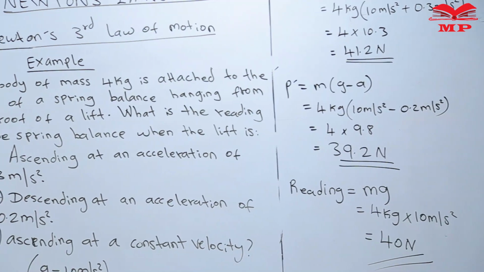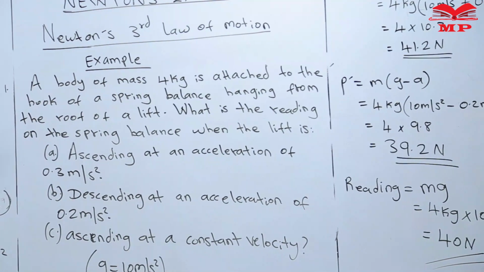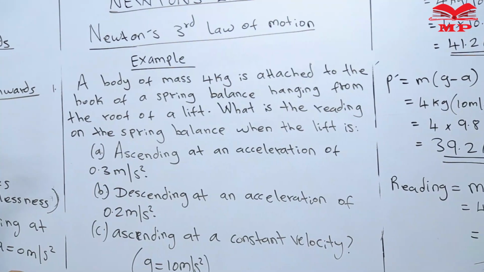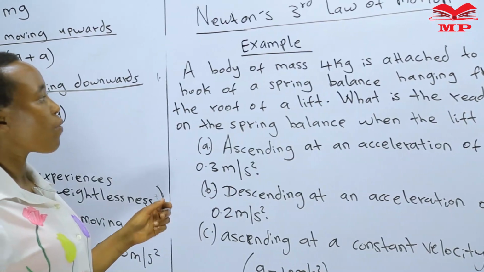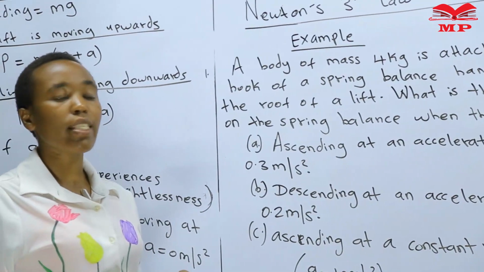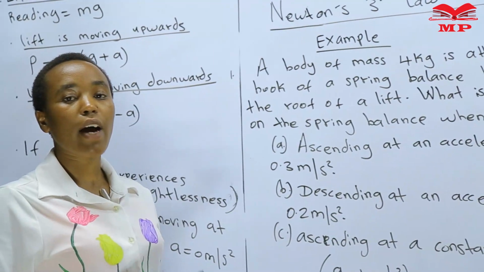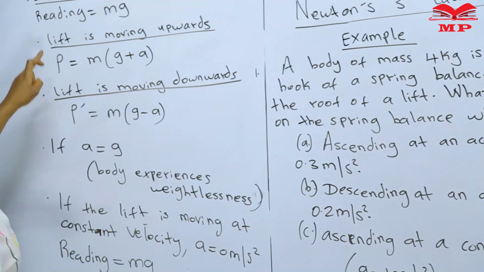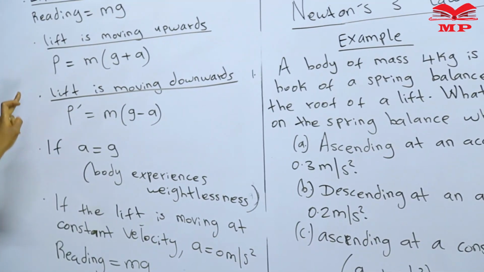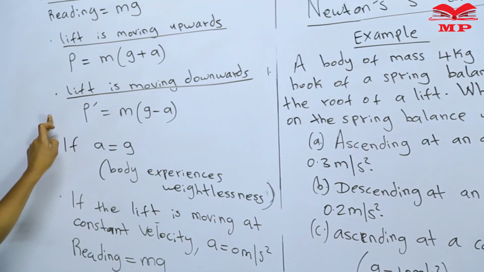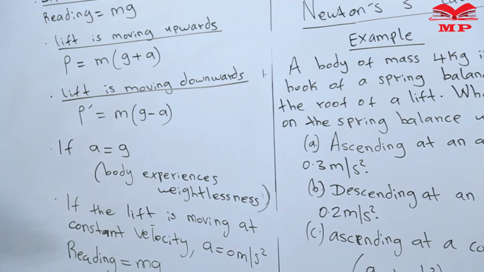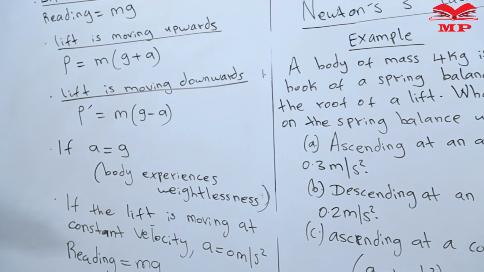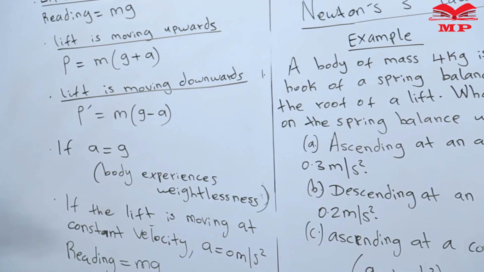So that is what we have for Newton's third law of motion. For every action, there is an equal and opposite reaction. We have also been able to derive formulas for when we have a lift at rest, a lift ascending, and a lift descending. Also, when the acceleration is equal to gravitational force, the body will experience weightlessness.